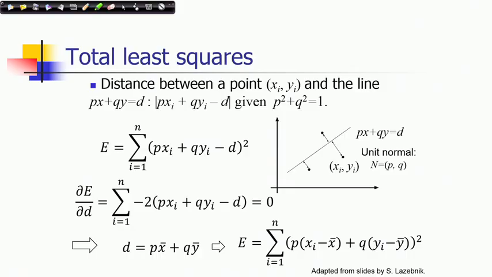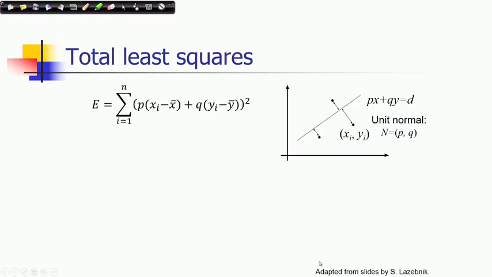Now, it is basically a function of p and q by replacing d there, and the constraint is that p square plus q square should be equal to 1. So, we have to choose that p and q which will minimize this error E with the constraint that p square plus q square equals 1. That is the problem that you need to solve.